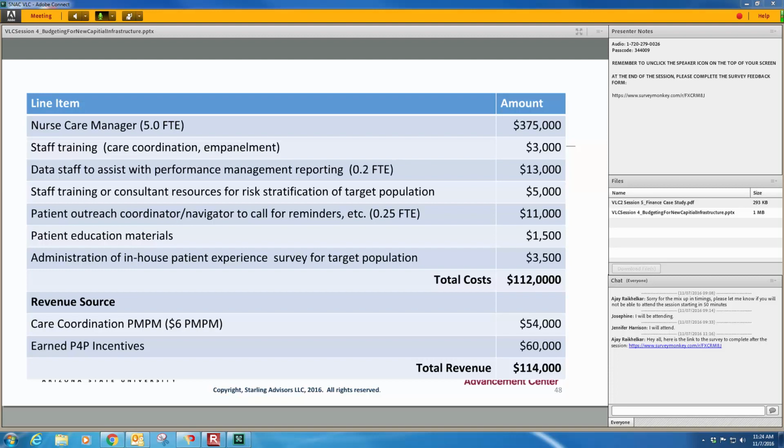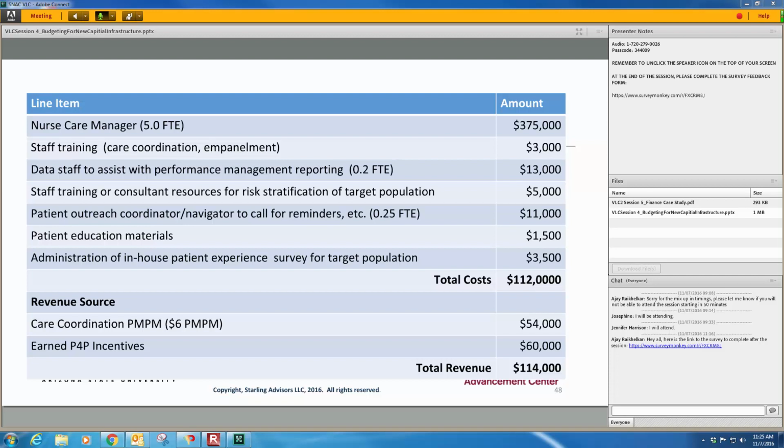And just in terms of some of the cost offsets, we've made a pretty conservative PMPM for this patient population, which would free up about $54,000 to help support some of these activities. And then in addition, we just had an estimate of earned revenue off the P4P incentives at about $60,000.